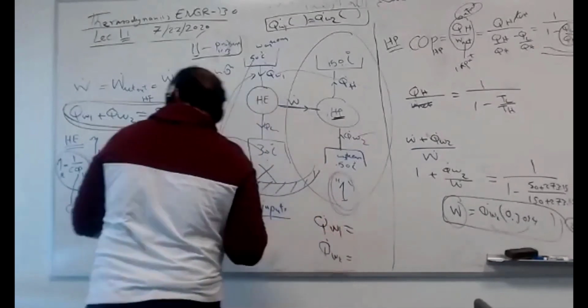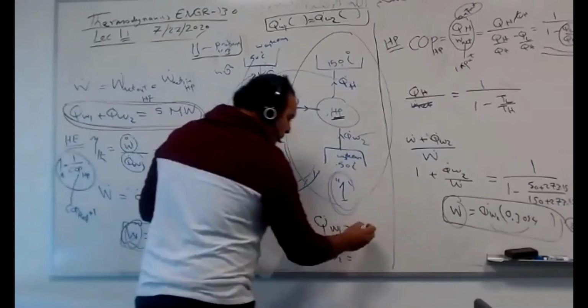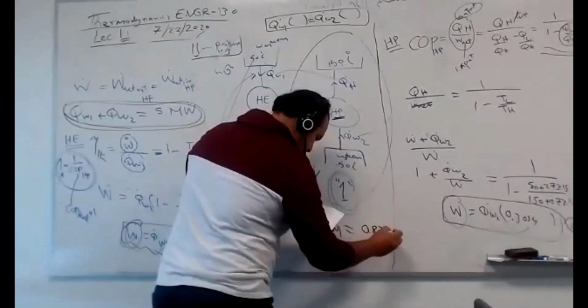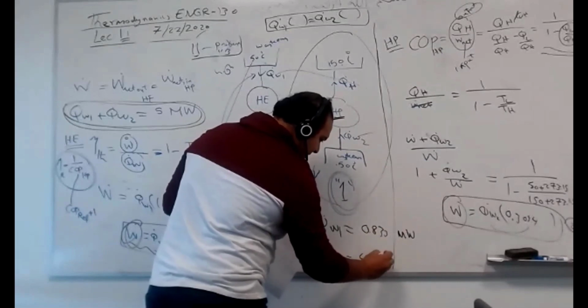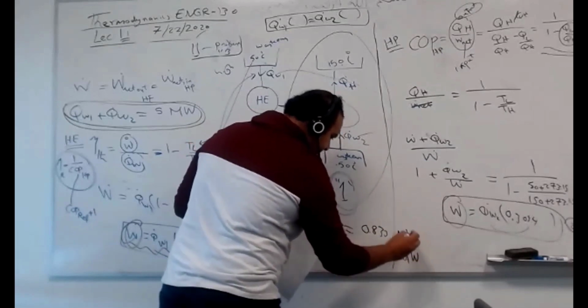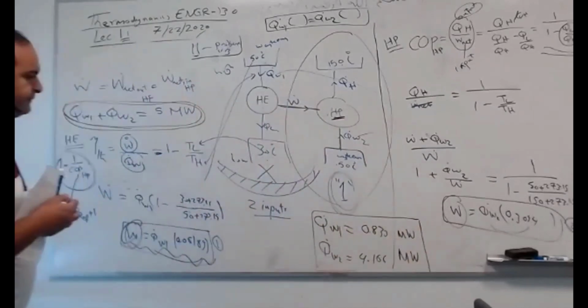Both of them are lower than 5 megawatt, and they are respectively 0.833 megawatt and 4.166 megawatt. These are the two waste energies I can get.